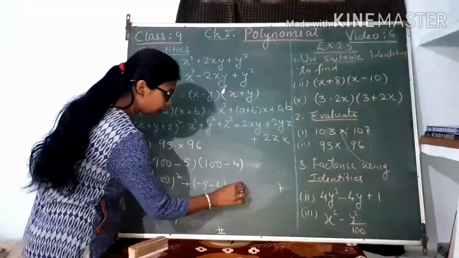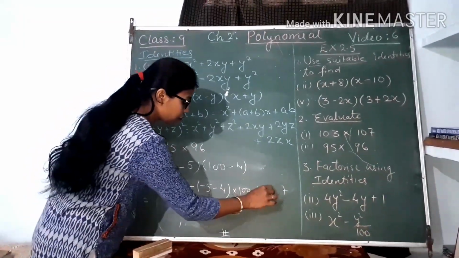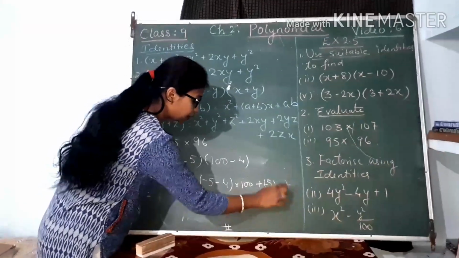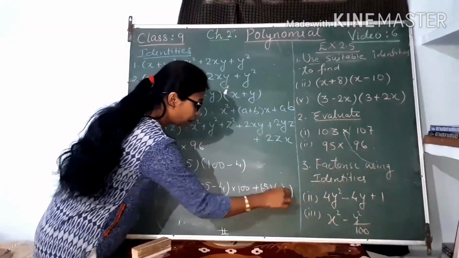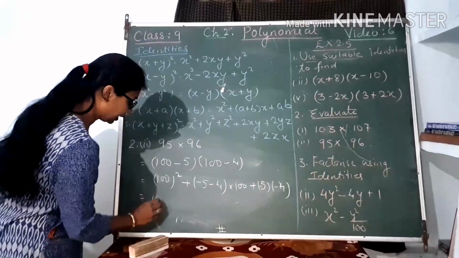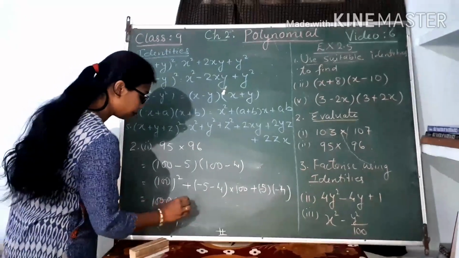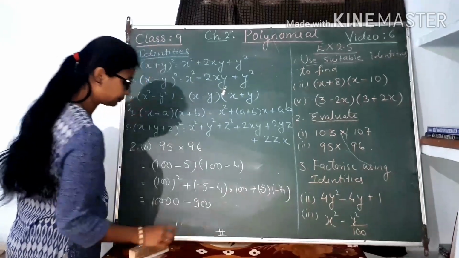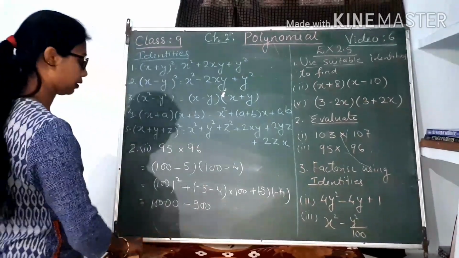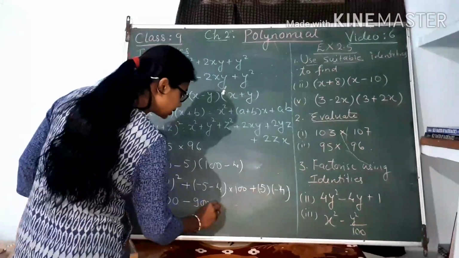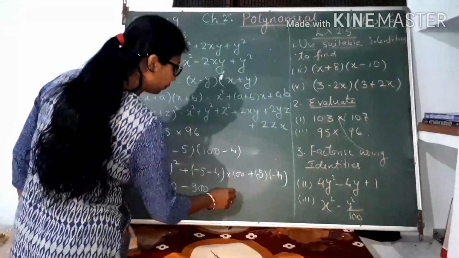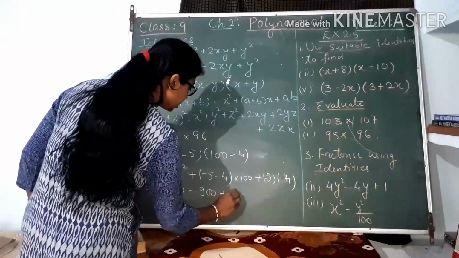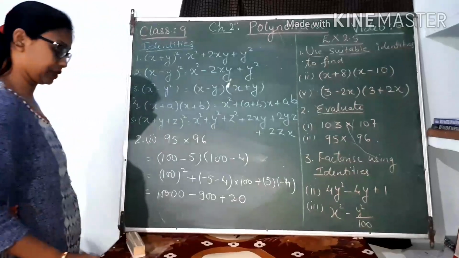Negative 4 into 100 plus negative 5 into negative 4. So you will get 10,000 minus 900, and this is 5 and 4 gives you plus 20.